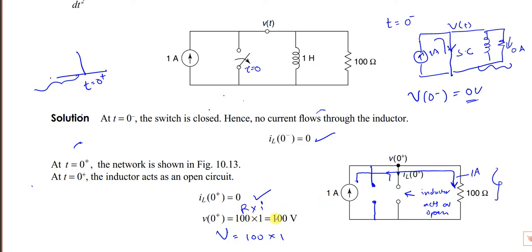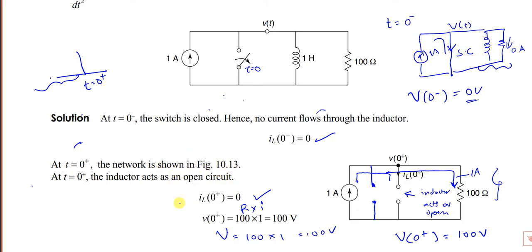So 100 into 1 is 100 volts. It is V of 0 plus. Just after switching, V of 0 plus is equal to 100 volts. Understood? Just after switching, V of 0 plus is 100 volts.